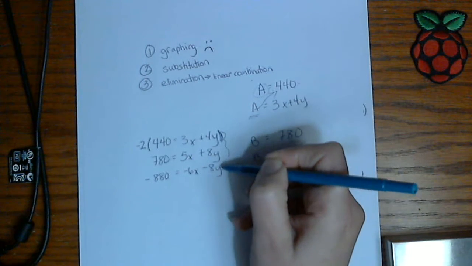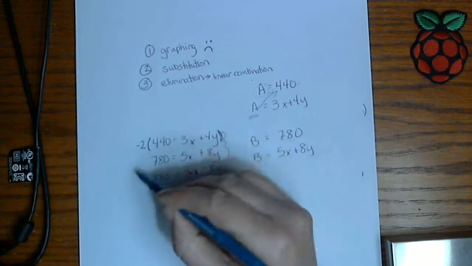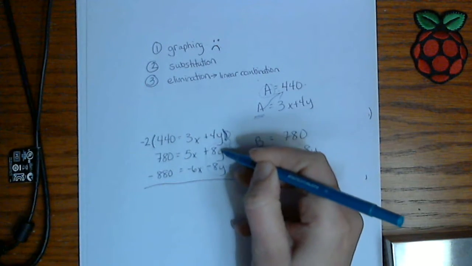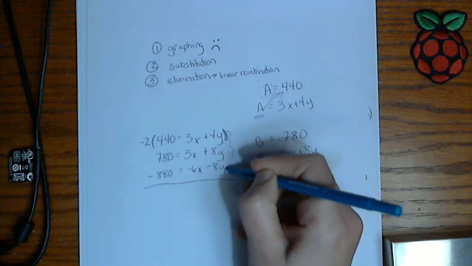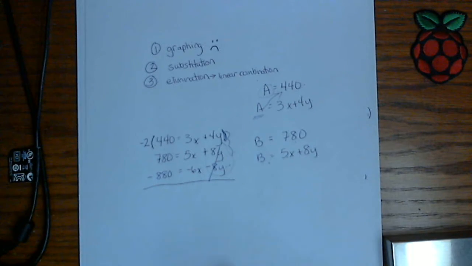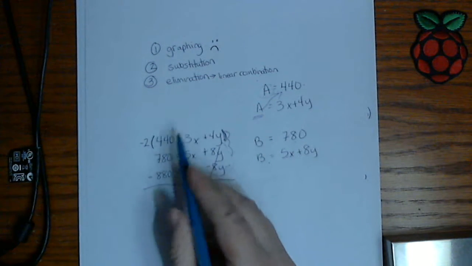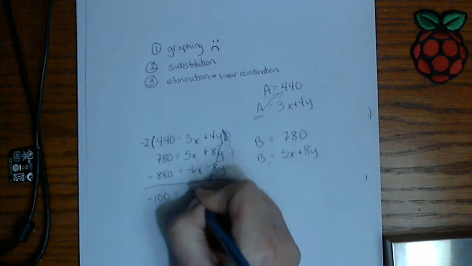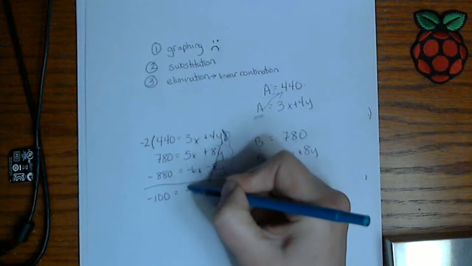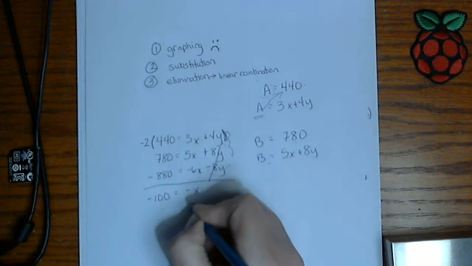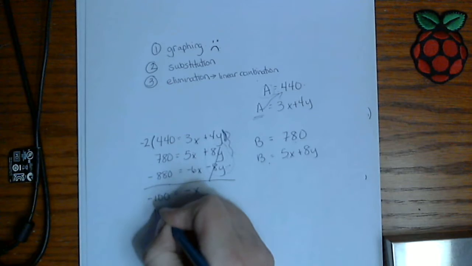However, now, because I multiplied the entire thing by -2, when I add these together, I'm going to have 8y minus 8y, which gives 0. So those y's have completely canceled out. Now if I add these together, I get -100 equals -x, because 5x minus 6x is -x, which means x is equal to 100.